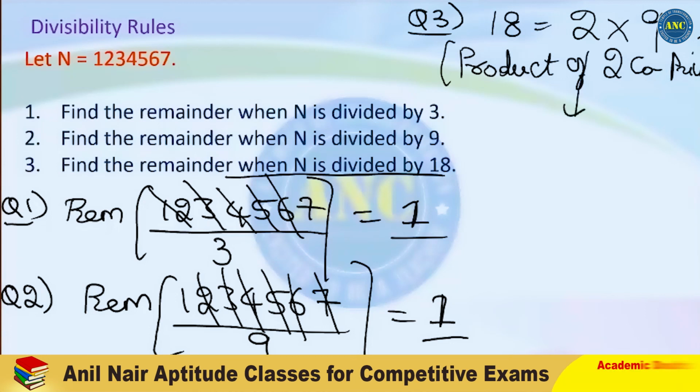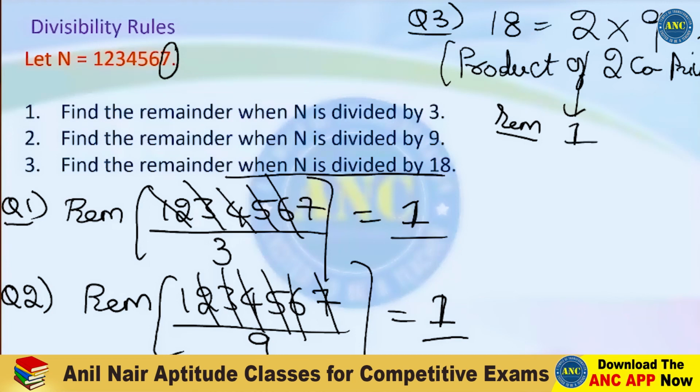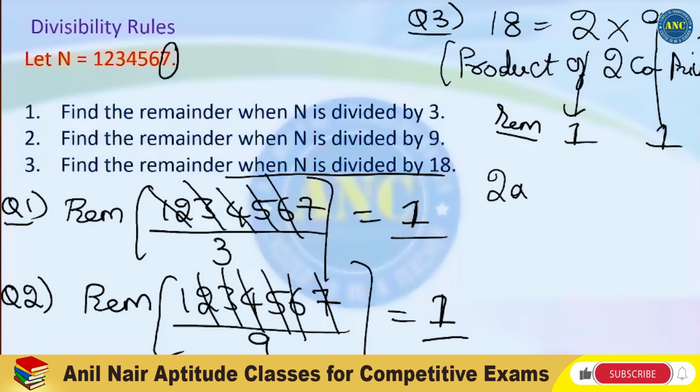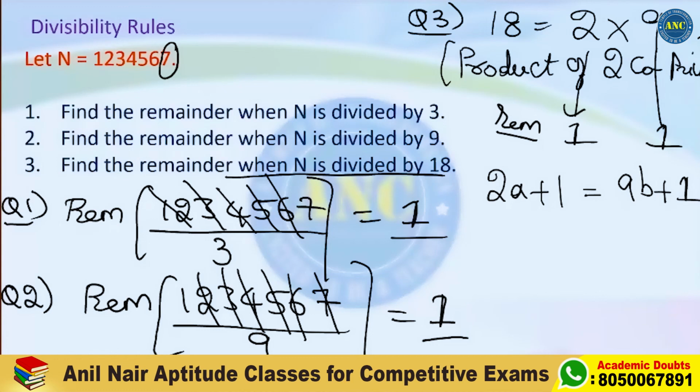Now, what is the remainder when this number is divided by 2? The unit digit should be divisible by 2. 7 divided by 2: 2 threes are 6, remainder is 1. Similarly for 9, what is the remainder? We got 1. That means the number divided by 2 gives a remainder 1, and divided by 9 gives a remainder 1. Both are for the same number, right?